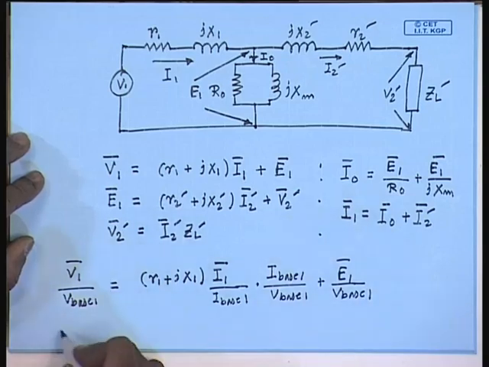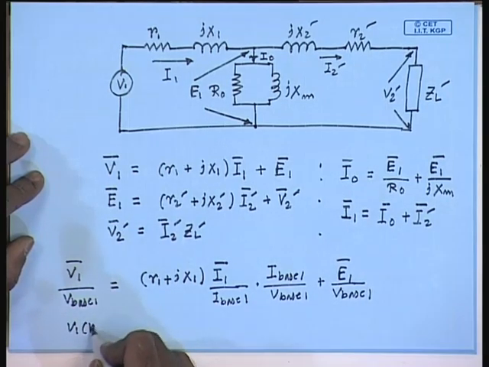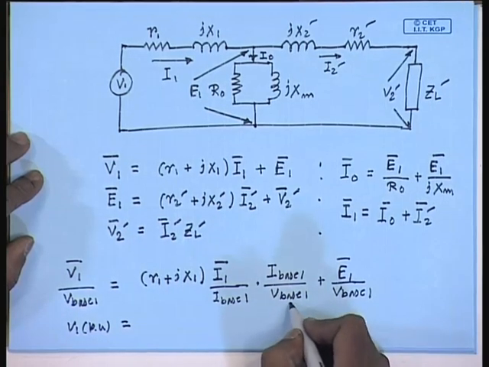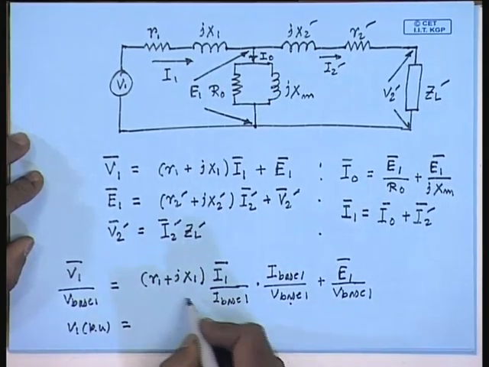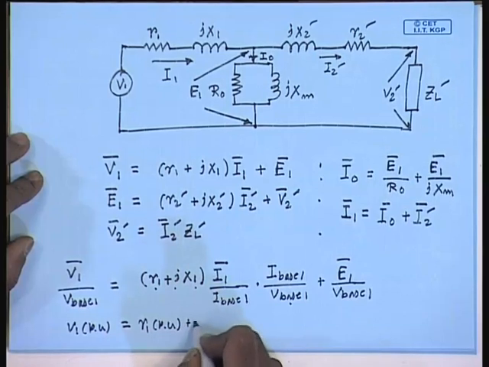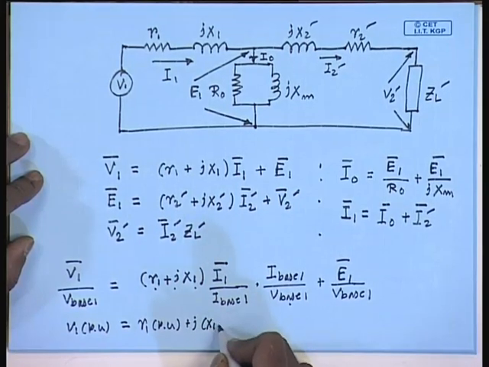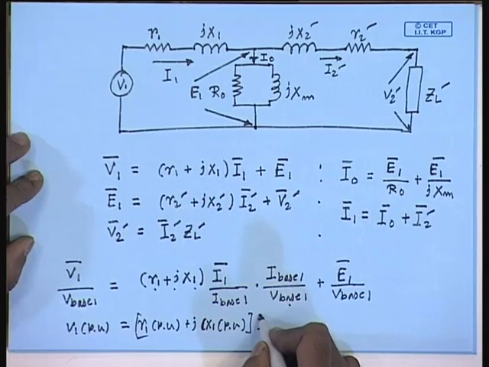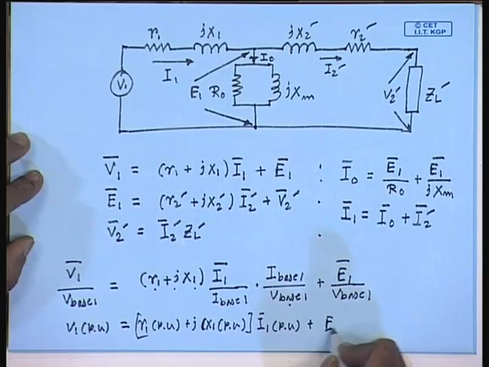But this is V1 per unit equal to, V base 1 by I base 1 is Z base 1, and R1 plus jX1 by Z base 1 is R1 per unit plus jX1 per unit into I1 per unit plus E1 per unit.